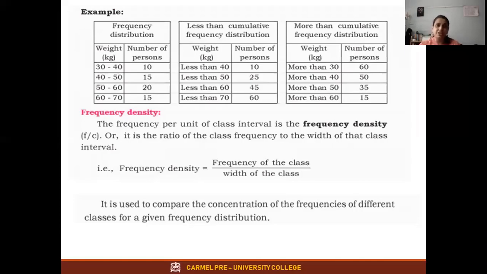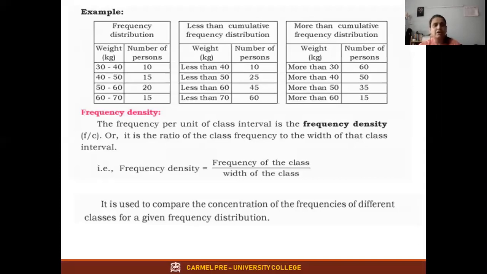So this is a continuous frequency distribution with exclusive class interval, a normal type of frequency distribution. This is how a frequency distribution will look. But if I have to write the same thing as a less than cumulative frequency distribution, how do I write? Instead of writing 30 to 40, we write it as open-end class interval less than 40.